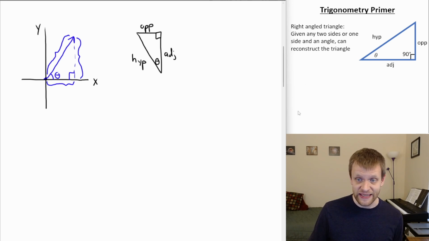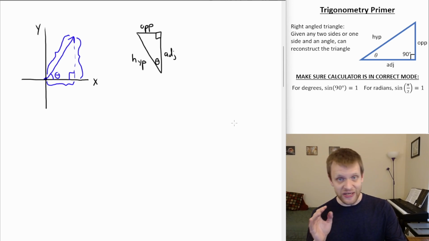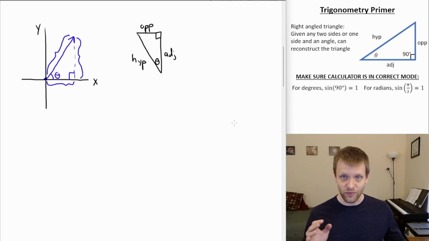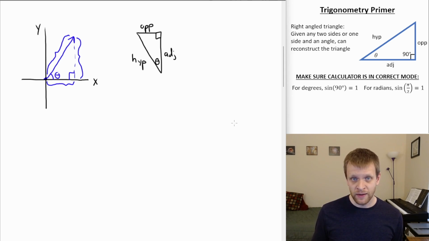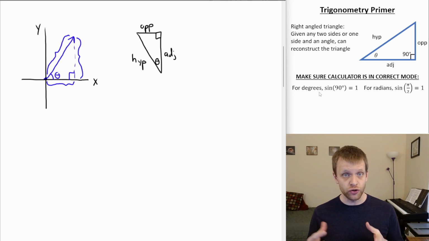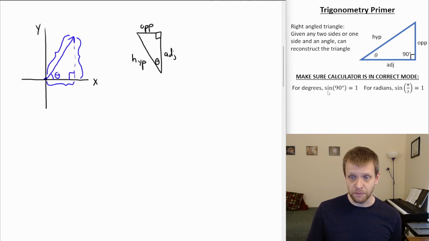Another thing that is incredibly important, you need to make sure that whatever calculator you're using, it's in the correct mode. If you're using angles that are given in degrees, you want to make sure that your calculator is in degrees mode. You can check this by plugging in sine of 90 degrees, which should give you 1.